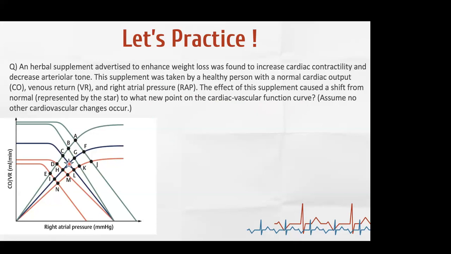I want to ask a question. How did you know what arteriolar tone is? Oh, you need to know this. It's just a medical term. They should have taught you this.